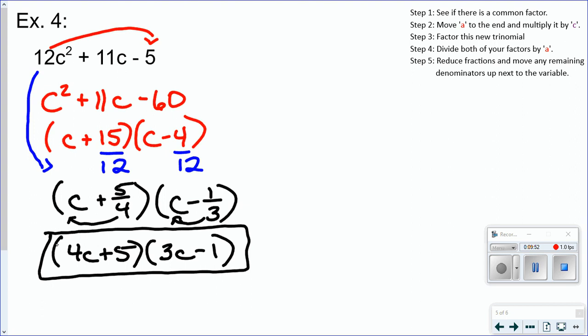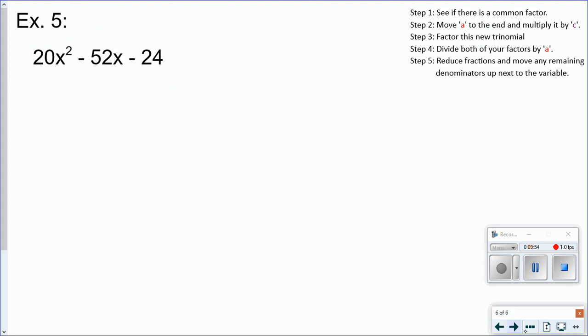All right, one more example, last one. So step 1, see if there's a common factor. So this one does have a common factor. So let's see, what can we factor out of that? How about 4? So let's factor out a 4.